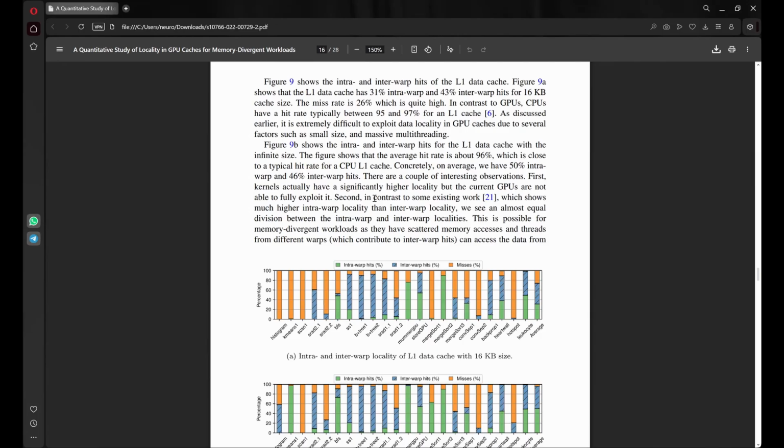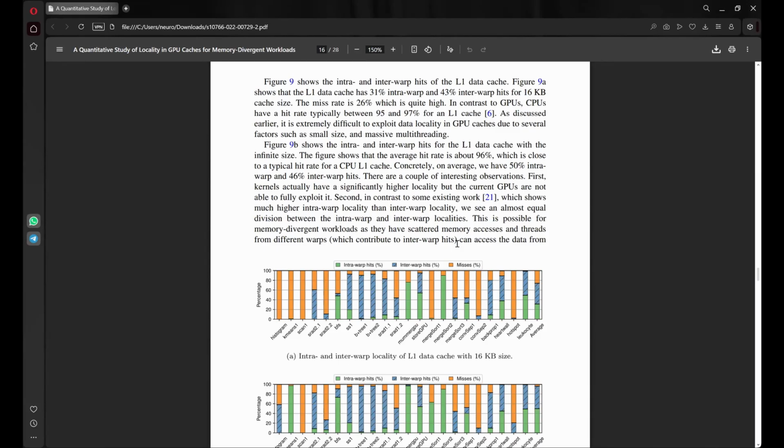Then they also show that in previous literature, it's apparently a pretty common assumption that there's higher intra-warp locality, so this number is going to be significantly higher than the inter-warp locality.